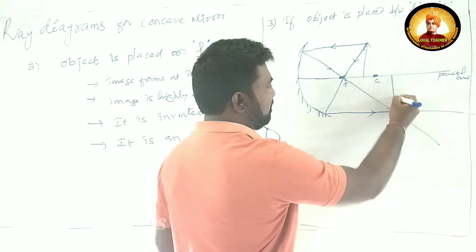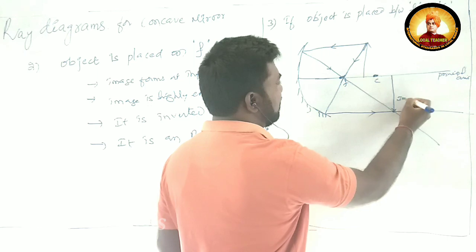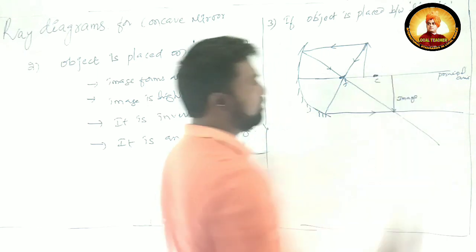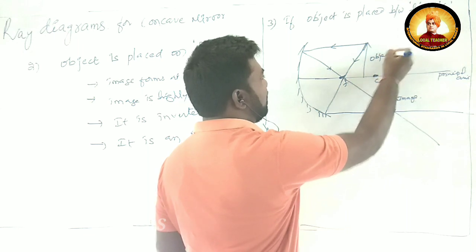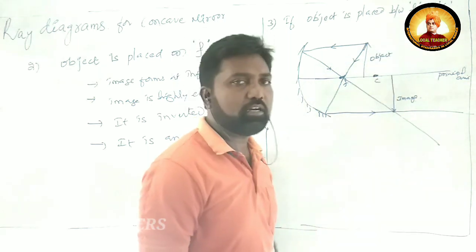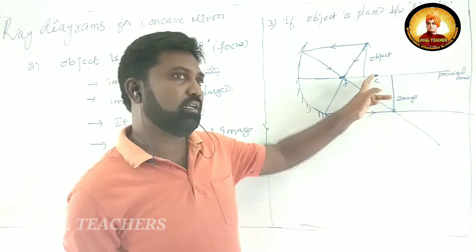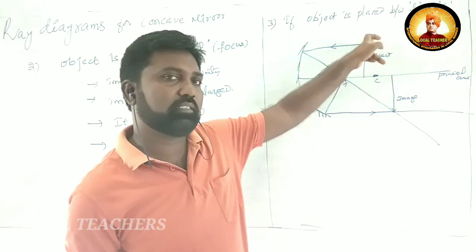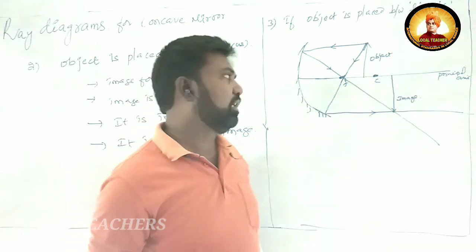So I am drawing the image diagram. Observe here, this is the image, and this is the object. If we observe the image and object, the object is in the upward direction to the principal axis, and the image is in the downward direction to the principal axis.